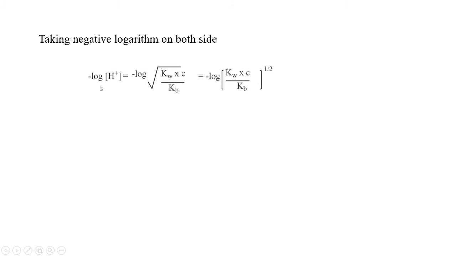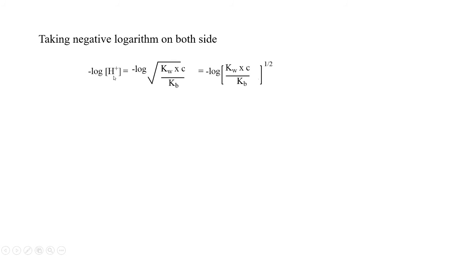Now by taking the negative logarithm on both sides of this equation, we'll get minus log H+ is equal to minus log square root of Kw into C upon Kb, then minus log of bracket Kw into C upon Kb raised to power 1/2.